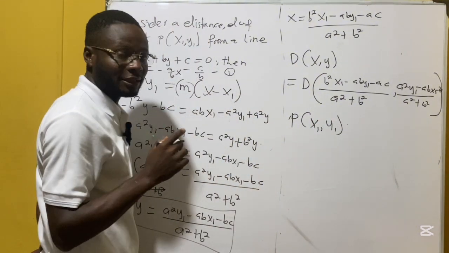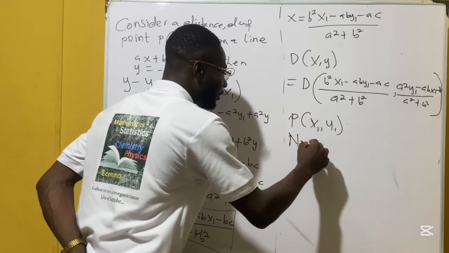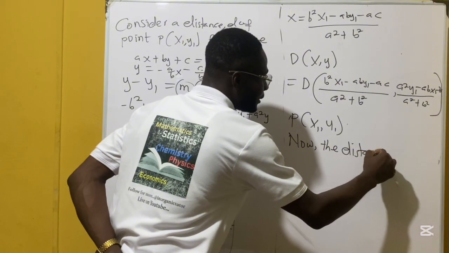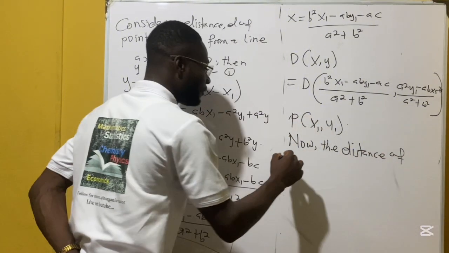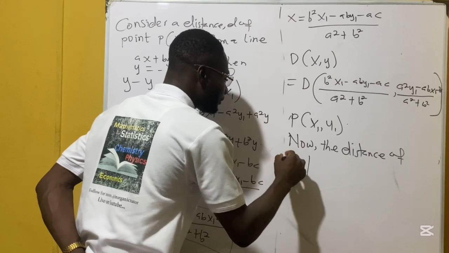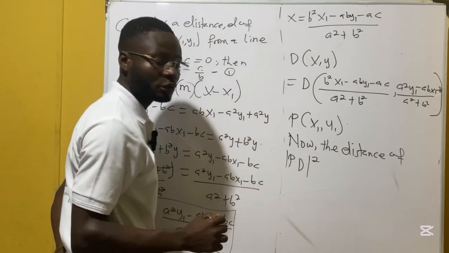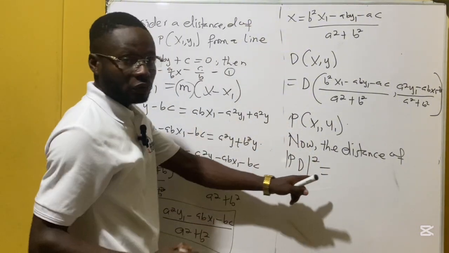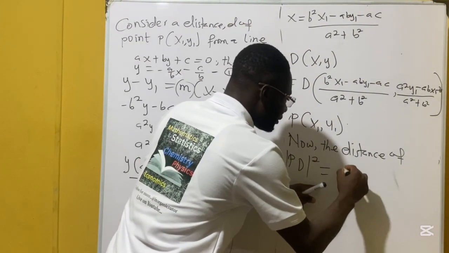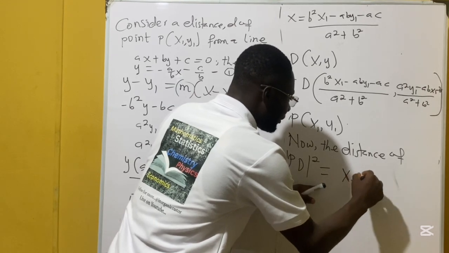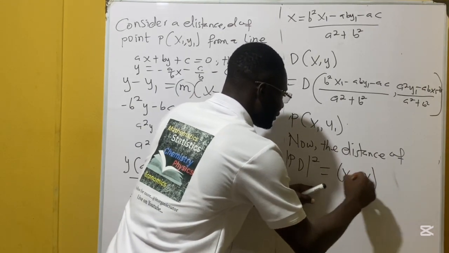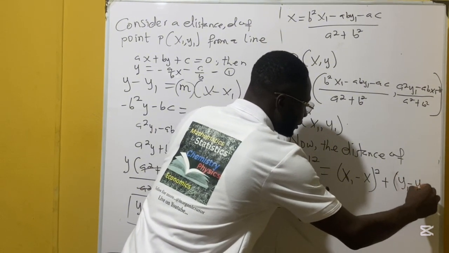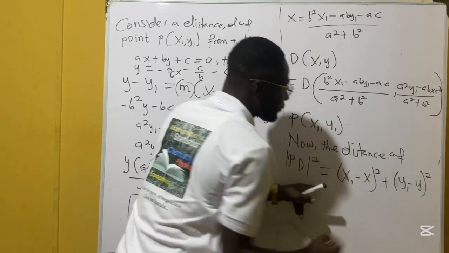So now we can say that the distance of line PD all squared is equal to x1 minus x all squared plus y1 minus y all squared, right?